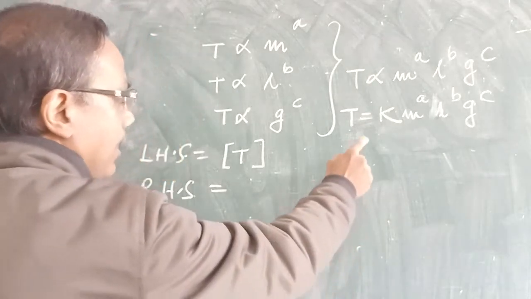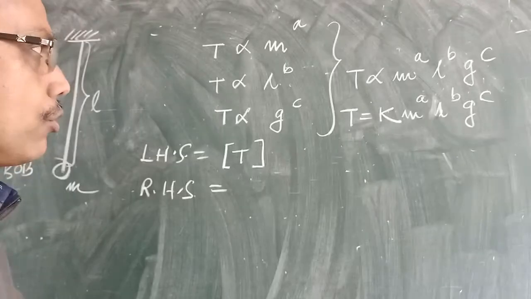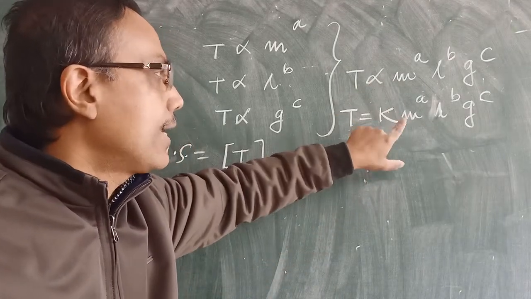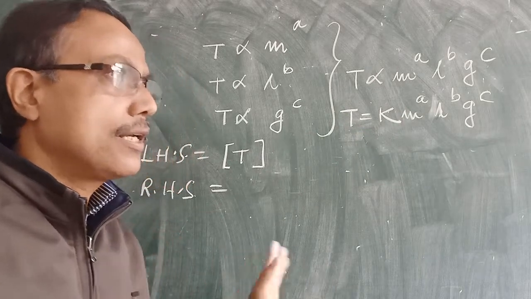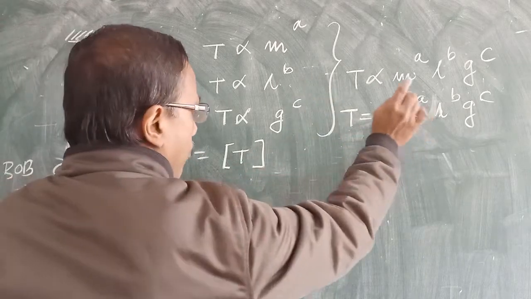On the right hand side, the first term is K. K is a constant. You don't actually need to count this because K is a constant. So that is not considered. We do not consider constants here. We will start from m onwards.